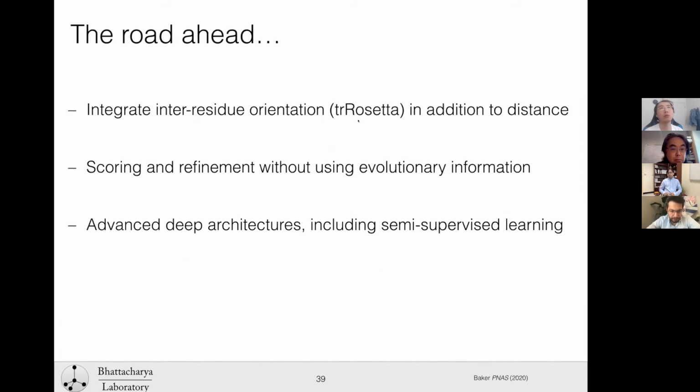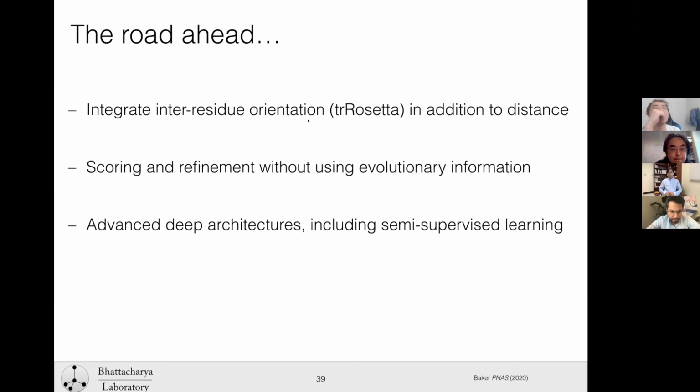But very recently, methods such as trRosetta and many other groups have been using orientations in addition to distance information. By orientation, I mean the orientation between the contacts or distances of inter-residue amino acids of different residues. So it would be interesting to integrate the orientation information in addition to distance information in our methods.